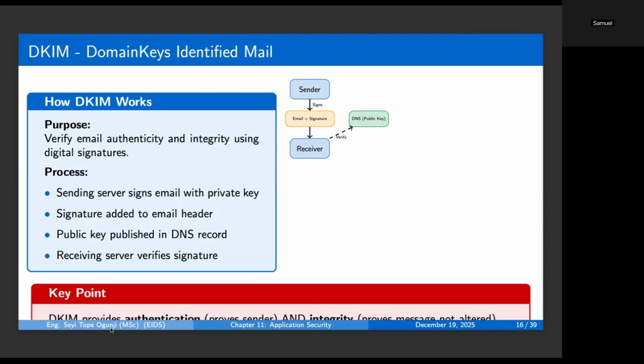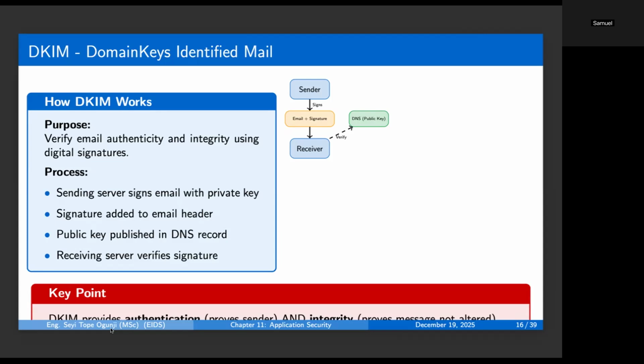Okay. So as I said before, the DKIM is used to confirm the integrity of the message. So it verifies the authenticity, which handles the integrity of the CIA triad.